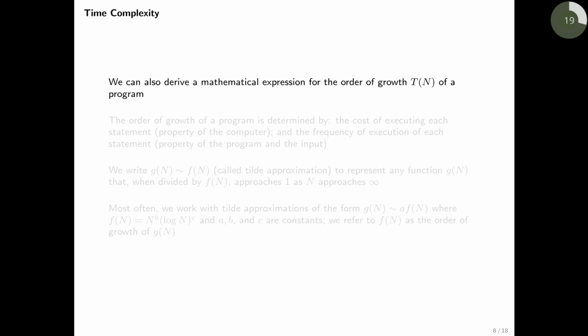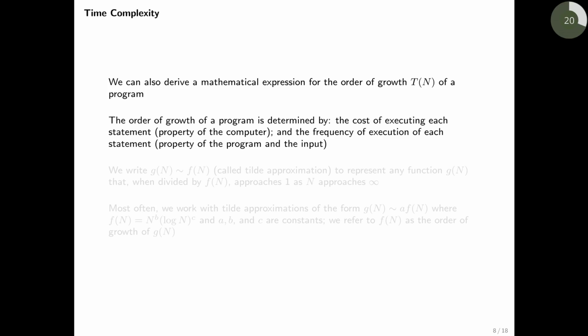Now it turns out that you can also address the time complexity issue using a mathematical analysis. So you can derive a mathematical expression for the order of growth of a program. To do that, you have to note that the order of growth of a program is determined basically by two things.